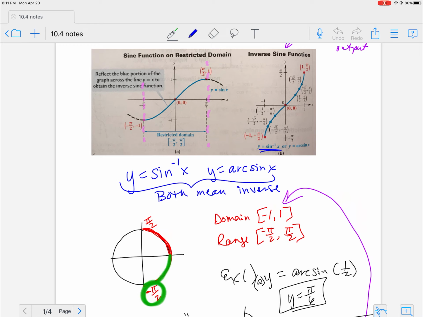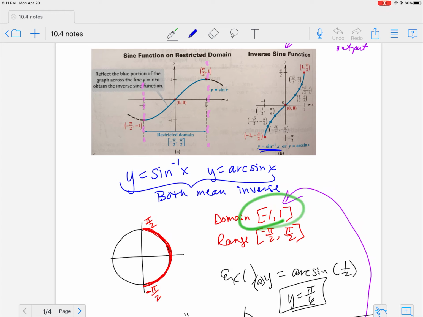So if you're hanging out down here in this fourth quadrant, you are talking about negative angle measures. You're not talking about coming way down here and talking about something like 7 pi over 4. No. That ends up being a negative pi over 4. It's negative angle measures down here, okay? So heads up on that.